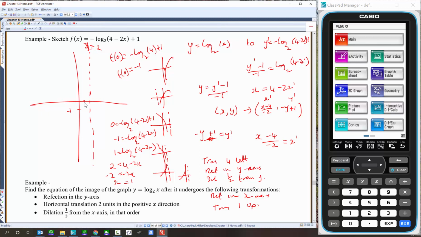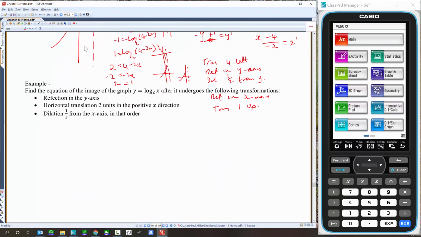So there's the asymptote at x equals 2. Looks good, I did expect something like that. If you look at the shape, you can tell that this log function will come up, go through that point there, and exhibit asymptotic behavior. So that's (1, 0) and (0, negative 1). Got the label there. Yep, all good.